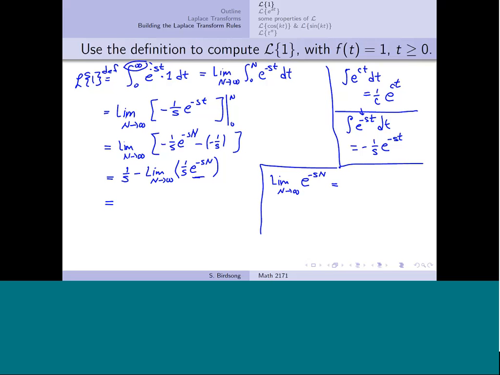Okay? So notice what happens. We've got the n. The n is going to infinity, so that's getting really, really big. And then we have this s. S is just a constant at this point. It's fixed. Technically speaking, it'll be your new variable, but as of right now, it's what's known as a parameter. In other words, you're not assuming that it's moving. It's not acting like a variable.